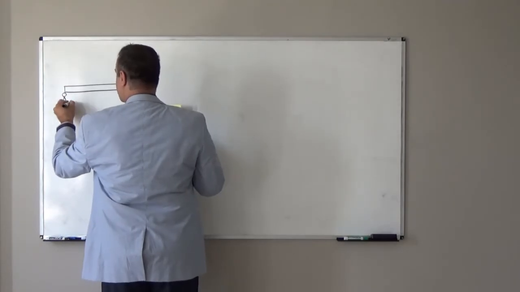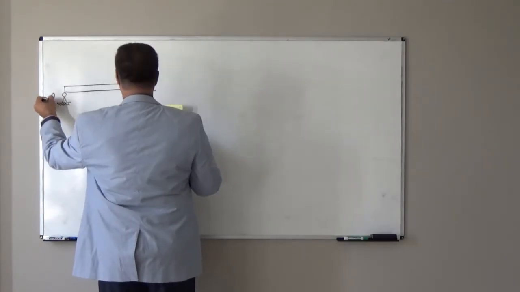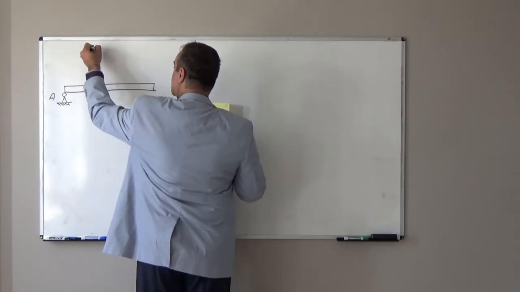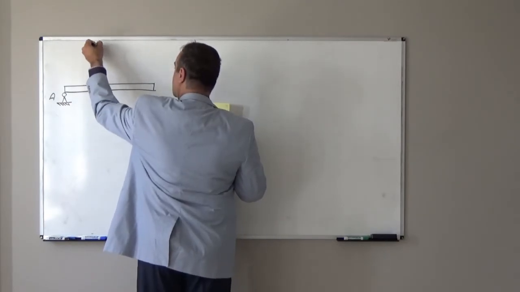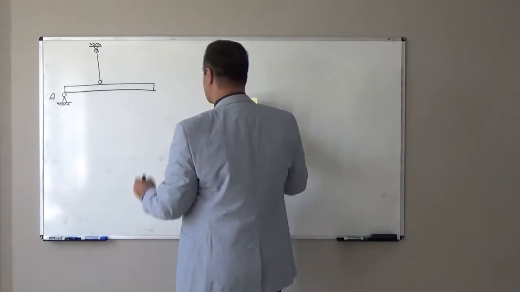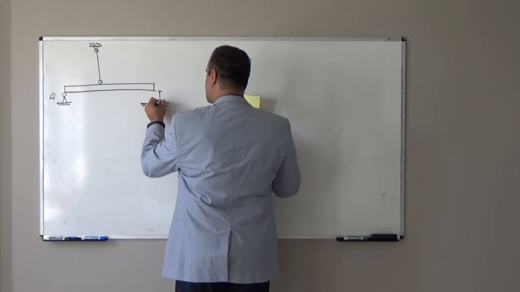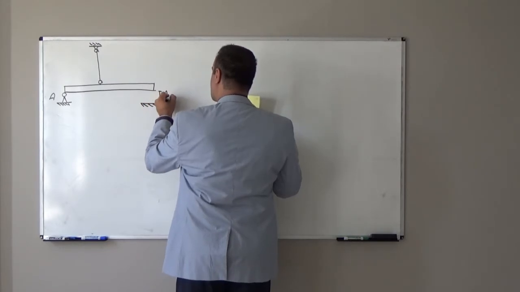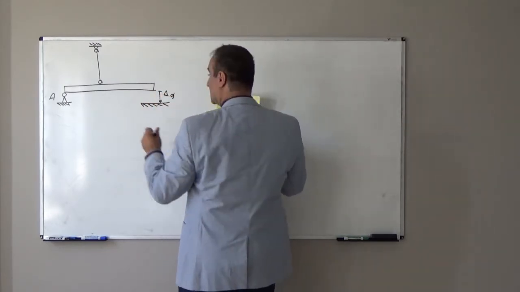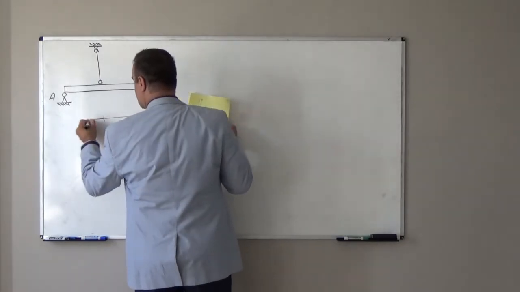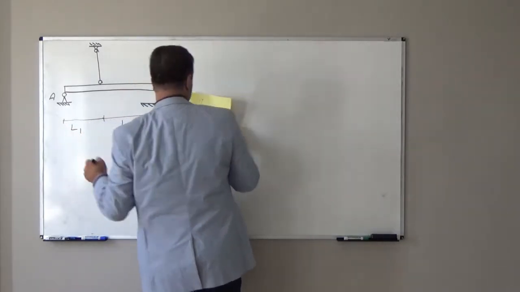This rigid beam is pinned here at point A. At point B, we attach one rod, and that rod goes to the ceiling, and there is one small gap here again, delta G. The length from here to here is, for example, L2, and from here to here it is L1.